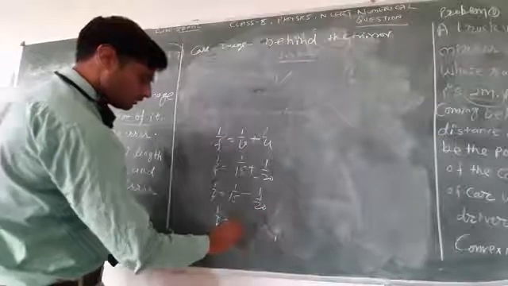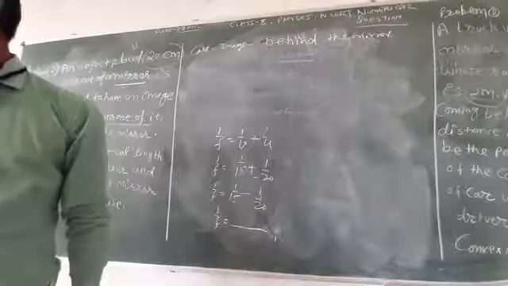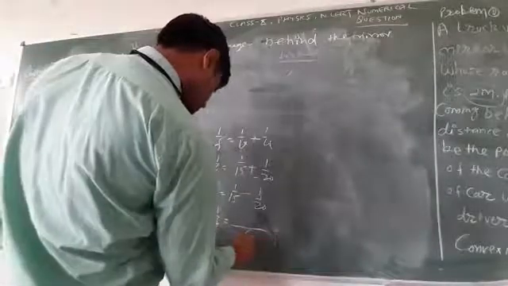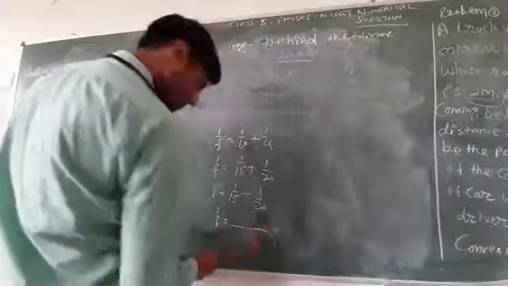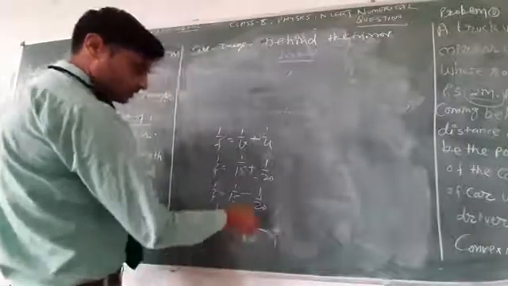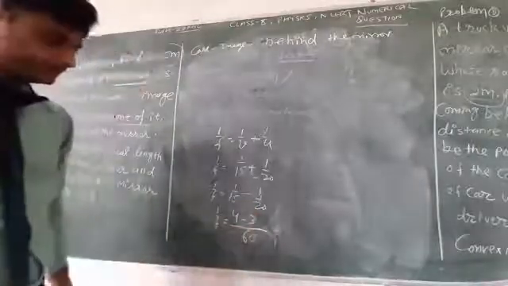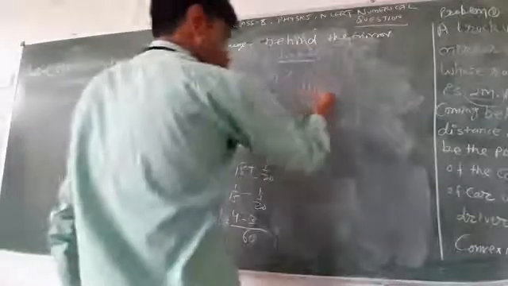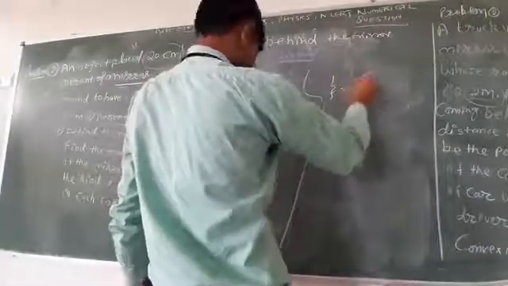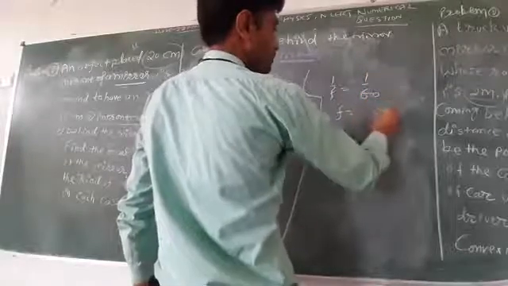So 1 upon F, the LCM of 15 and 20 is 60. So 4 upon 60 minus 3 upon 60. Clear? So 1 upon F equal to 1 upon 60. So F equal to 60.